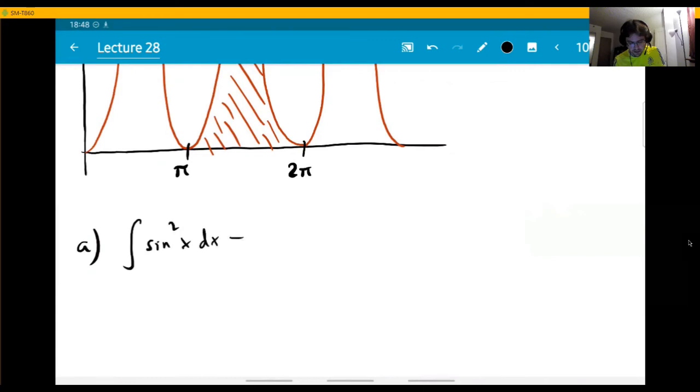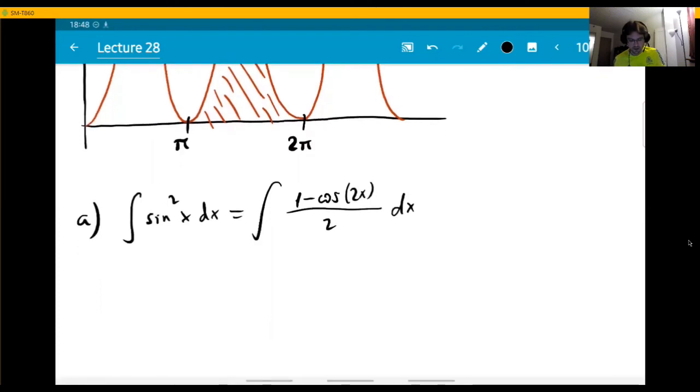Okay, so in A, we want to find the integral of cosine square, which according to the hint is equal to this expression, 1 minus cosine of 2x over 2. So first of all, we bring the 2 outside. And now this is just a u sub.